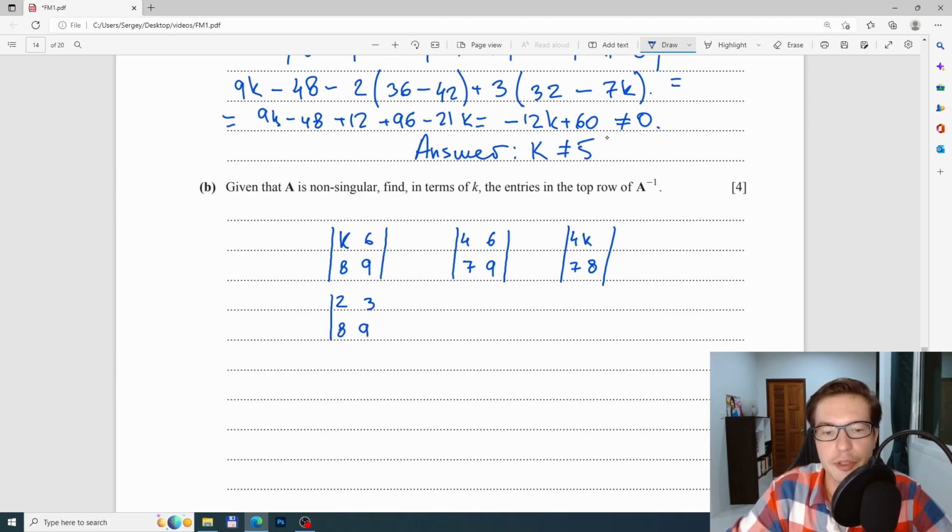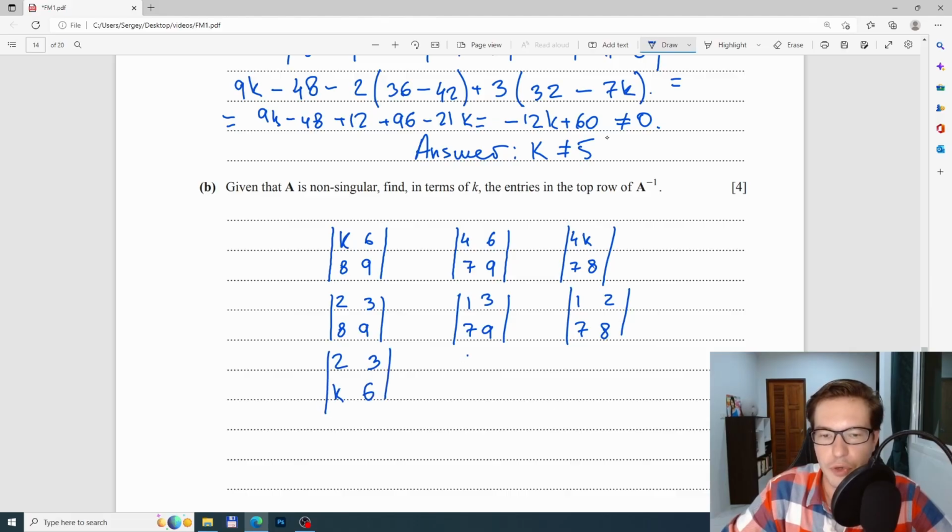I will speed up a little bit at this point. 1, 3, 7, 9. Next is going to be 1, 2, 7, 8. Then 2, 3, k, 6. 1, 3, 4, 6. And finally, we get 1, 2, 4, k.